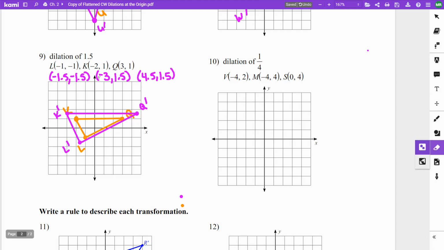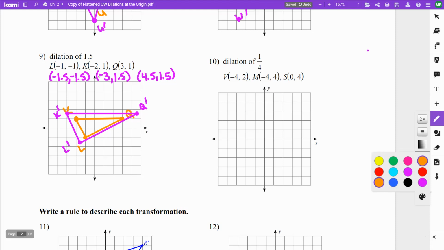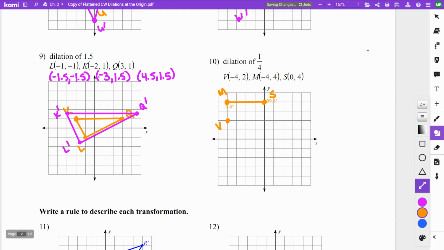On 10, negative 4, 2, negative 4, 4, and 0, 4. So that is V, M, S. Everything's going to be 1/4 as much.